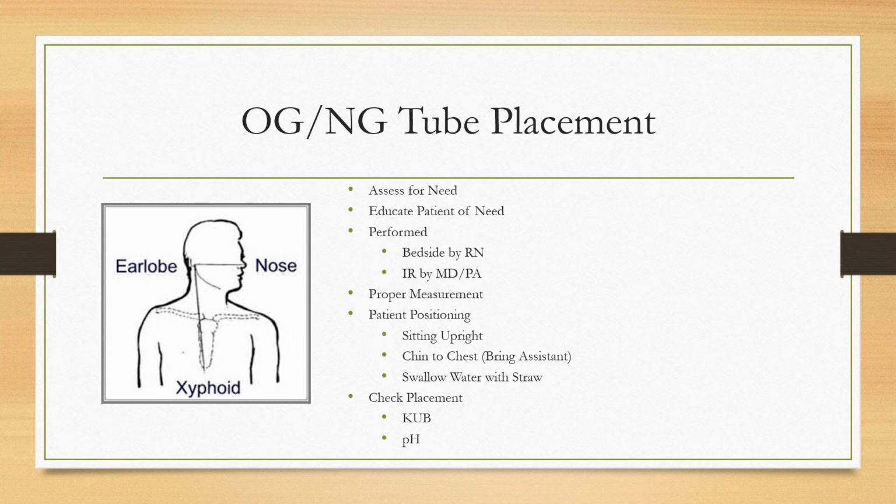Okay. So we want to maintain the proper location of the NG tube. So we typically tape it to the nose, to the nostril, right? So that it's stable, and then we can apply suction to the NG tube if it's being used for decompression of the stomach.